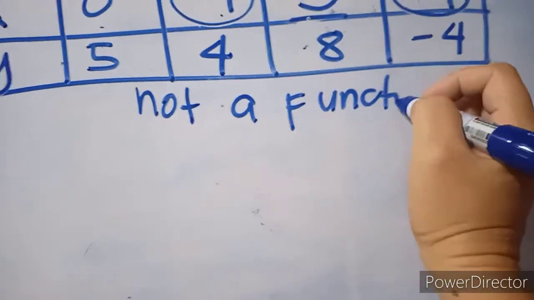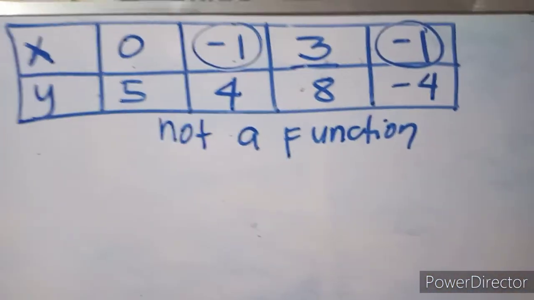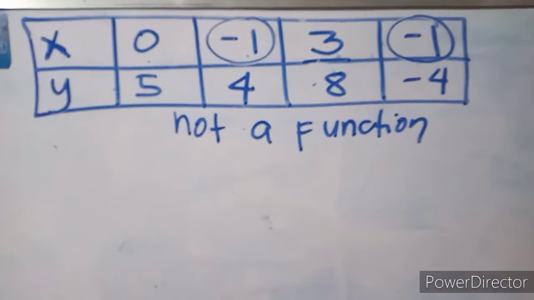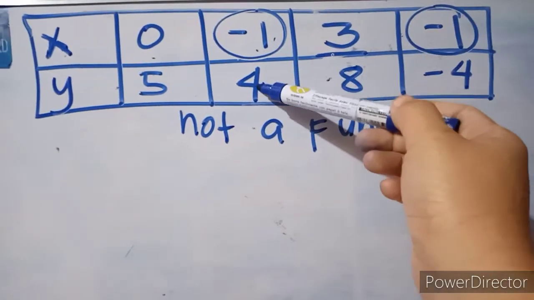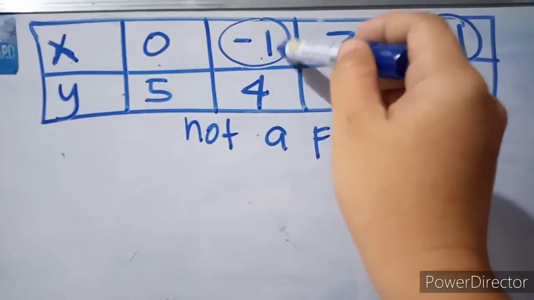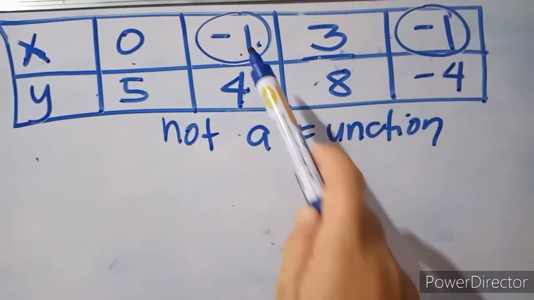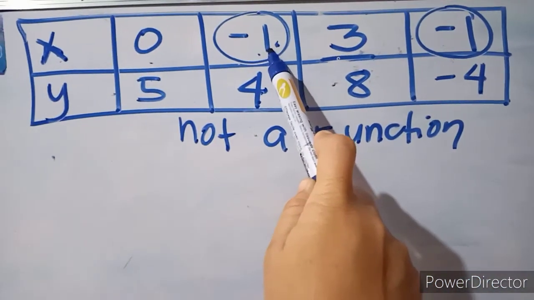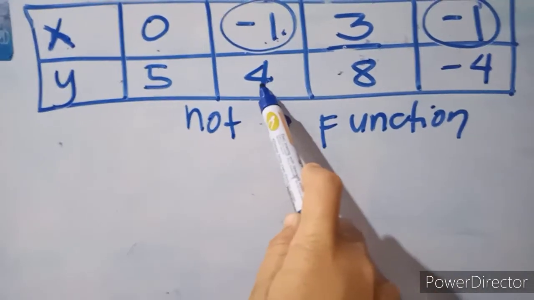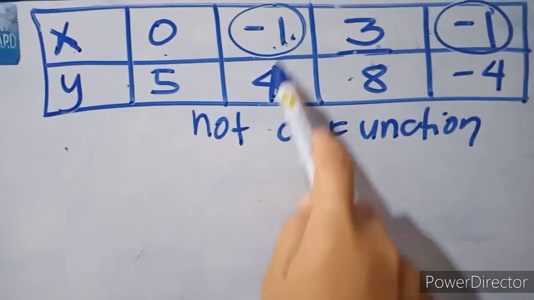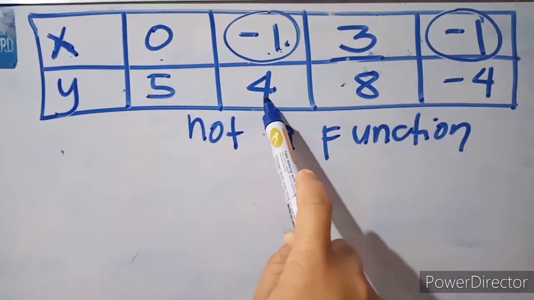Bakit not a function? Hindi siya function. Kasi pag sinabi mong function, in every x, there is only one y. So, in every element in x, dapat isa lang yung pair niya sa y. So, dito, si -1, meron siyang -1 corresponds to +4.